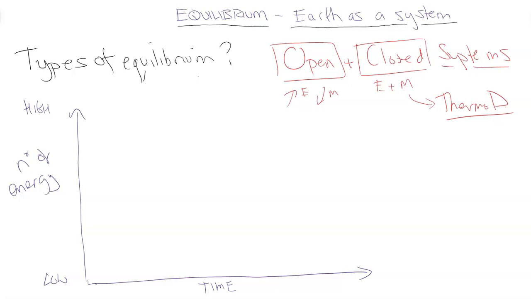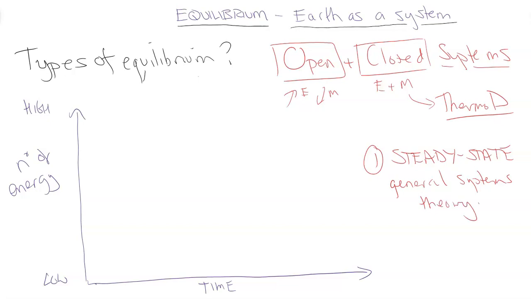If we're looking at equilibrium, let's do steady state first, which is the whole premise of what's called general systems theory, which was proposed in 1899 by Davis but then was later developed by scientists like Gilbert in 1870.